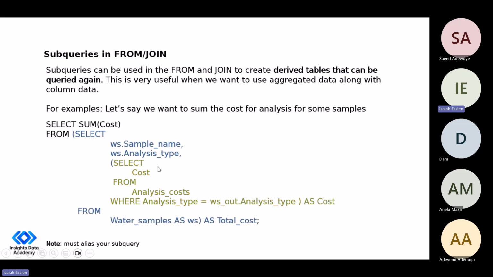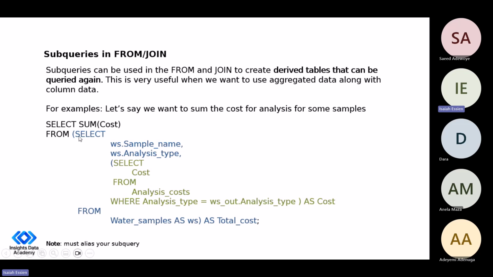But let's say I now want to calculate the total cost it is going to take me to analyze all the samples. So I have to calculate the sum of cost, but remember, you calculate your functions in the select statement.